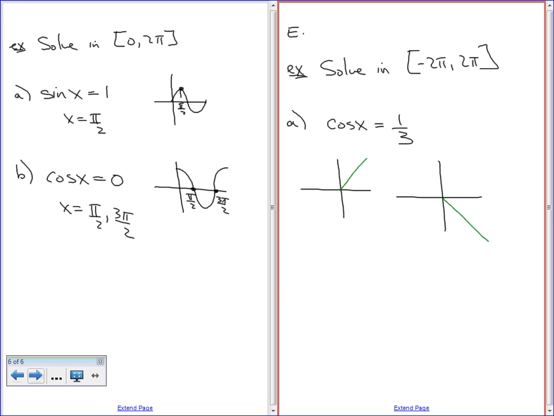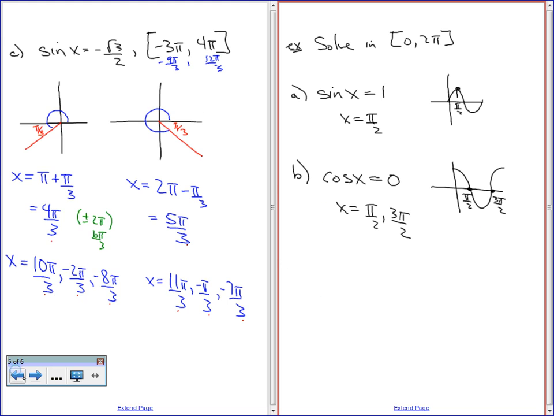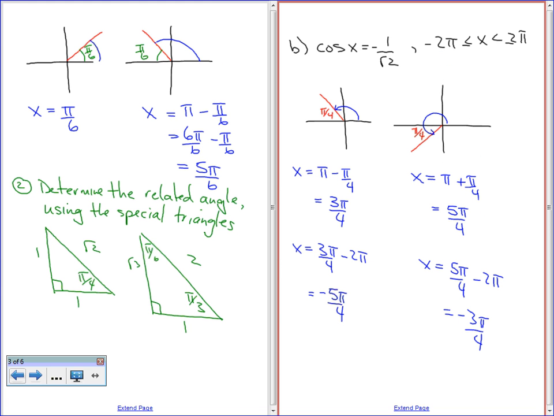The next thing you need to do is to determine your related angle. You go back to here, it says determine the related angle using the special triangles. What angle would give me a ratio of 1/3? Anybody?